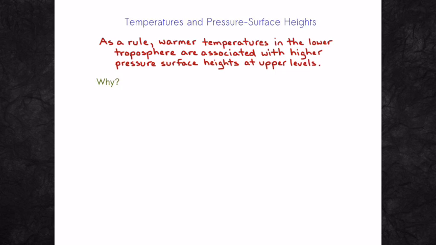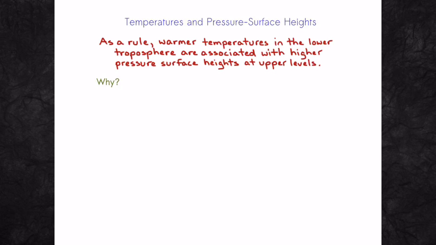I.e., if you've got warm air down near the ground in the lower troposphere, then typically your pressure surfaces at upper levels will be higher. They'll be located at higher altitudes. I.e., where you have warm air near the ground, you tend to have a ridge. On the other hand, if you have cold air near the ground, then your surfaces will be located at lower altitudes, i.e. you tend to have a trough.